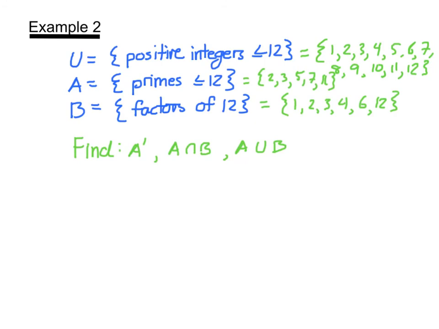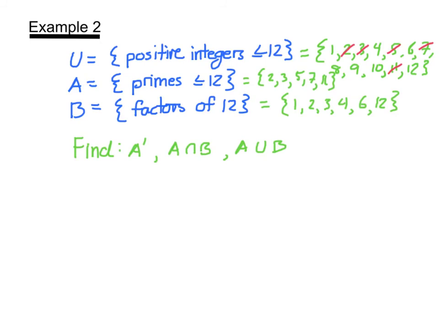But first let's start with the complement of A. Remember, this is all numbers within the universal set that are not part of A, right? So if I have A here and the universal set here, what I'm going to do is just cross out all the numbers that appear in A from the universal set, like so.